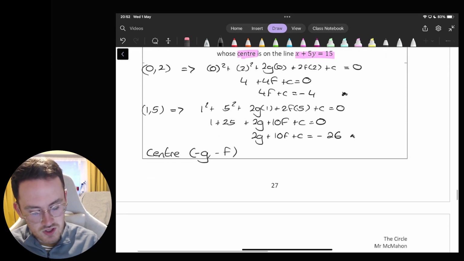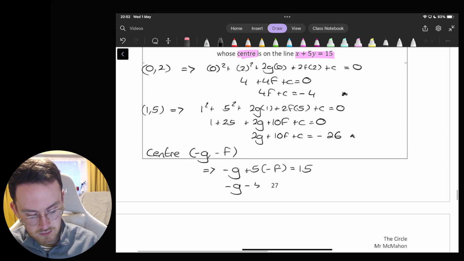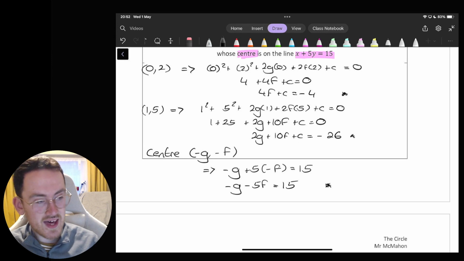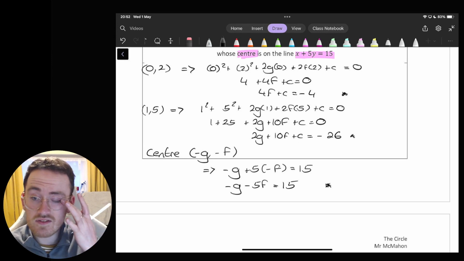If the center is on that line, then I can sub it into the equation of the line, and it should satisfy the equation. So minus g minus 5f equals 15. That is my last piece of information.